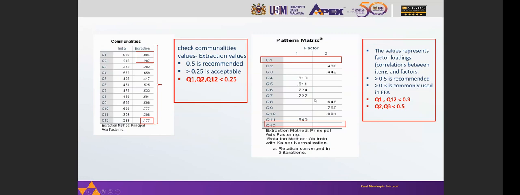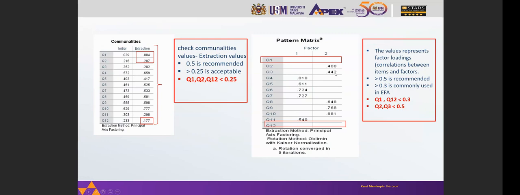Looking at the pattern matrix for the factor loadings in EFA, the values here represent the factor loadings. For EFA, 0.3 is commonly used, but 0.5 is recommended. You can see here Q1 and Q12 do not appear because we already set the cutoff to 0.3.